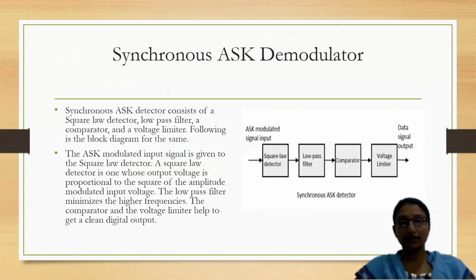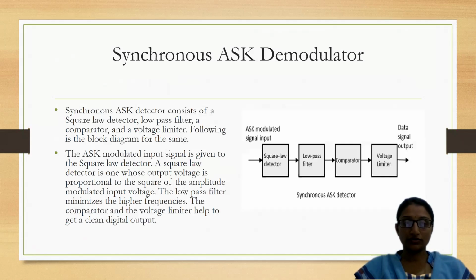Then I'm applying that to the low pass filter so that all the high frequencies are eliminated. Then the signal is given to a comparator to compare whether the input signal is above or below the threshold. Finally, we get a data signal output which is either 0 or 1.